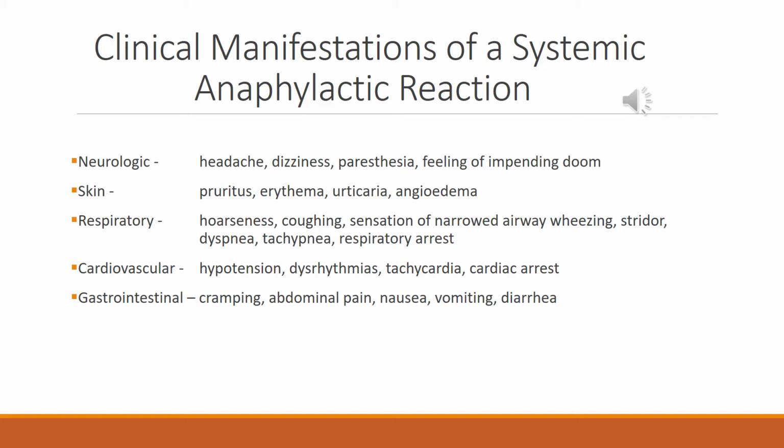So this comes up a couple different times because NCLEX loves anaphylaxis. Clinical manifestations of a systemic anaphylactic reaction are going to be any head to toe system. Neurologically, we could see headache, dizziness, paresthesia, feeling of impending doom is huge.